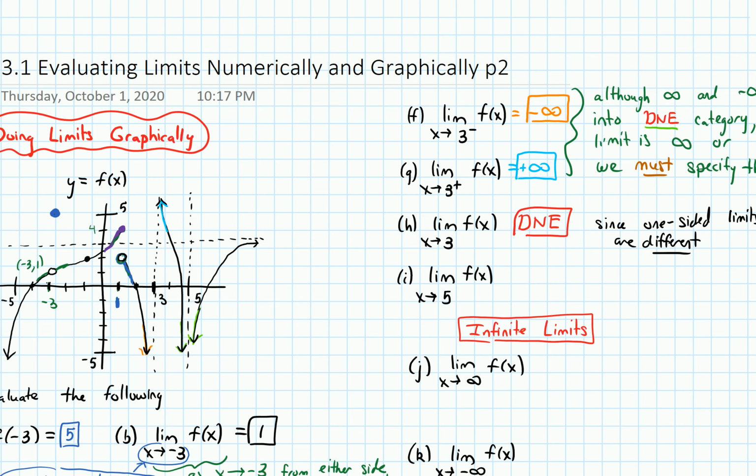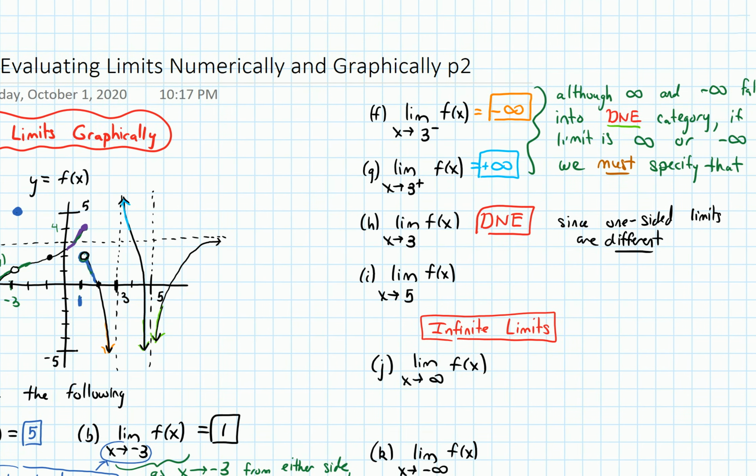But we've mentioned that if we can be more specific, like if it's negative infinity, or if it's positive infinity solely, we need to specify that. And in this case, it is negative infinity. So I should specify that. Okay. So this specifying thing applied to these two, and it also applied to this one, even though all three of them technically were D and E.